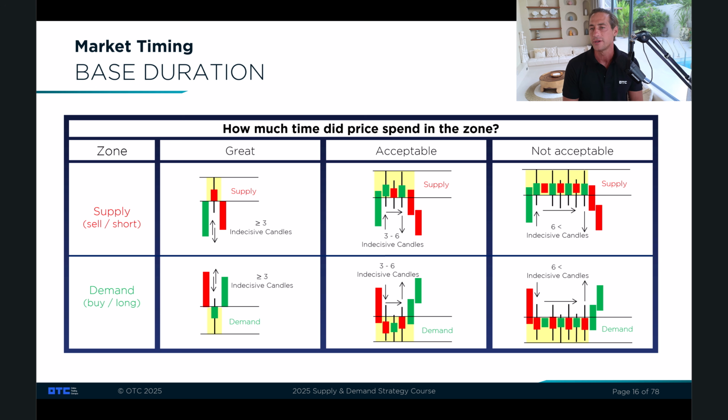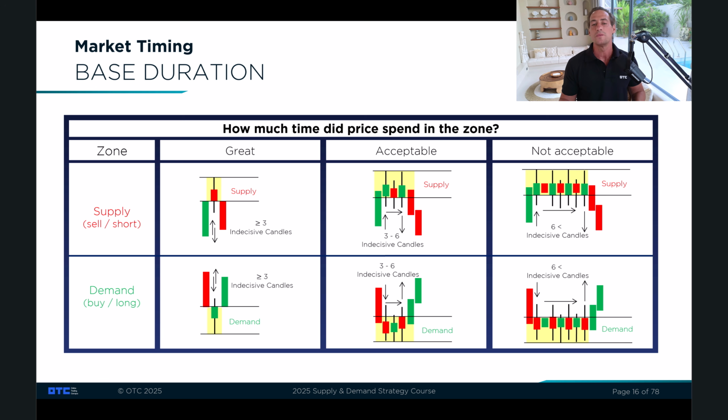Now, we need to differentiate a bit between beginner rules, because we all need to have rules in place, and to act mechanically and objectively. But also we need to look into real world trading application. So as a rule, you can say everything more than 6 candles in the base is not acceptable, and you will disregard the zone.